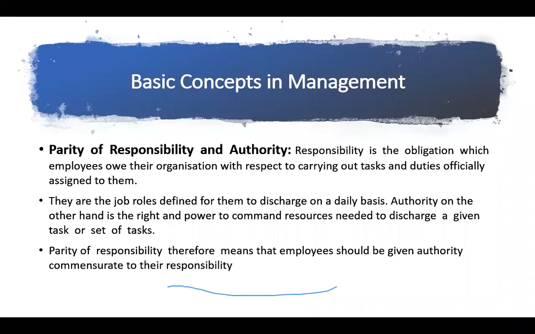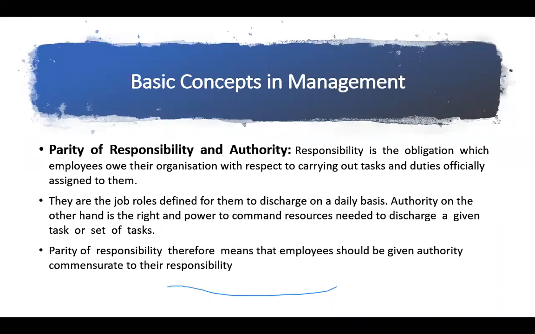Now, where there is disparity, you will see the symptoms immediately. Where you have more responsibility than authority, the implication is that you will be underperforming.